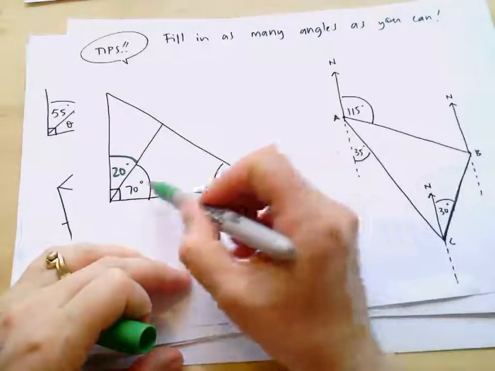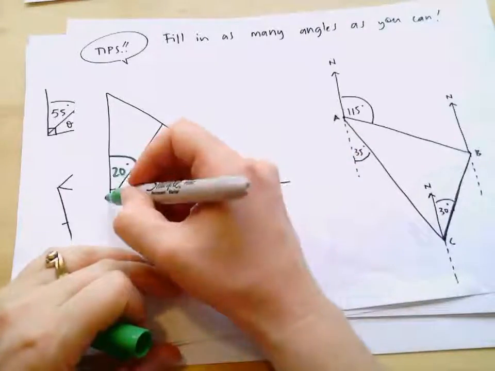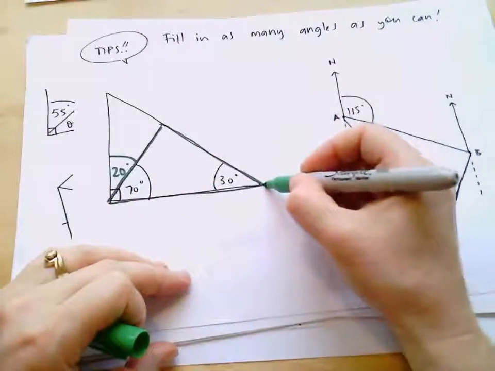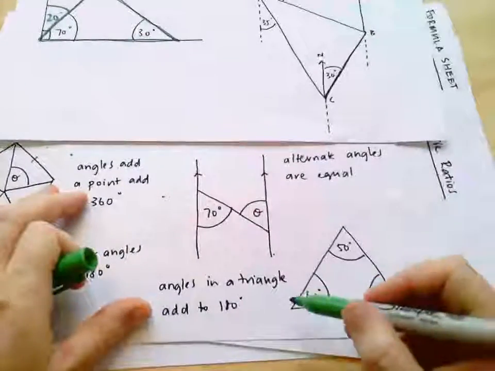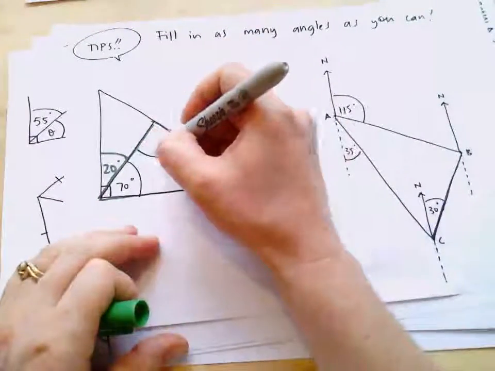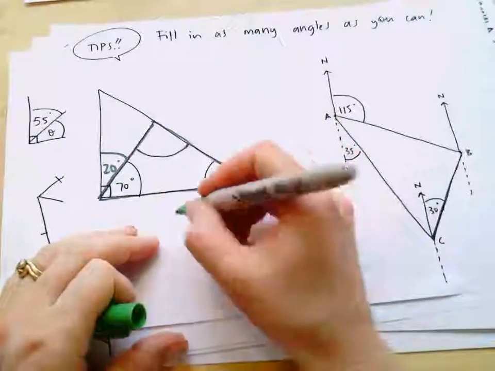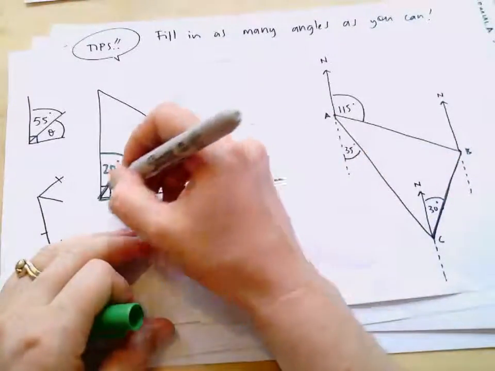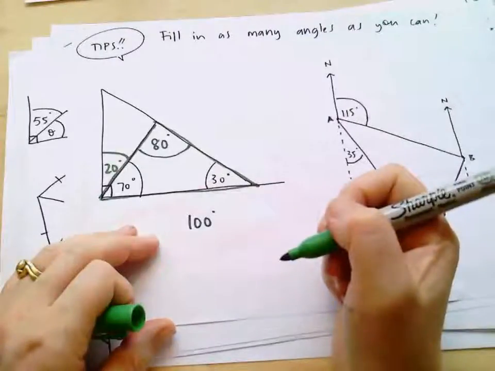Now I know that these two here are 70 and 30, and I can see that here's another triangle here. So I'm going to use the fact that angles in a triangle add up to 180 to work out what this angle must be. If this is 70 and this is 30, together they add up to 100. So this one here must be 80 for these three to add up to 180.